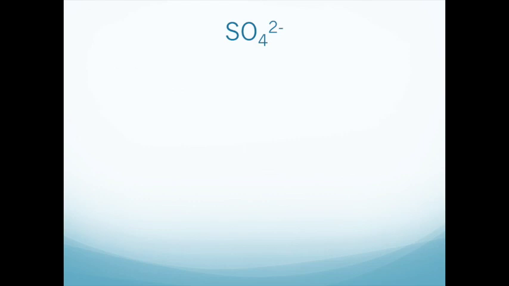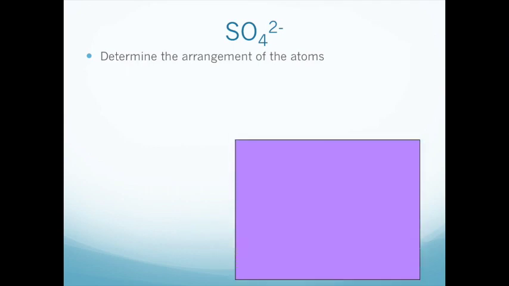Here is another molecule. This one's a little more complicated. It is the sulfate ion, SO4 2-. In this case, we're going to determine the arrangement of the atoms. Sulfur comes first, and there are 4 oxygens, making it fairly easy to deduce that sulfur will be the central atom.